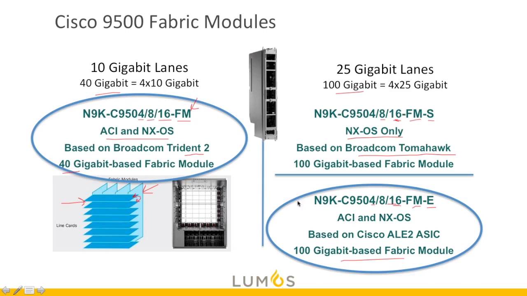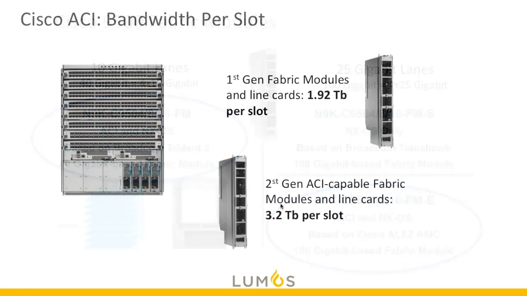So for this course, we're only going to be talking really about the first generation and second generation ACI capable fabric modules. Each of the 9504, 9508, and 9516 has 6 slots for fabric modules.